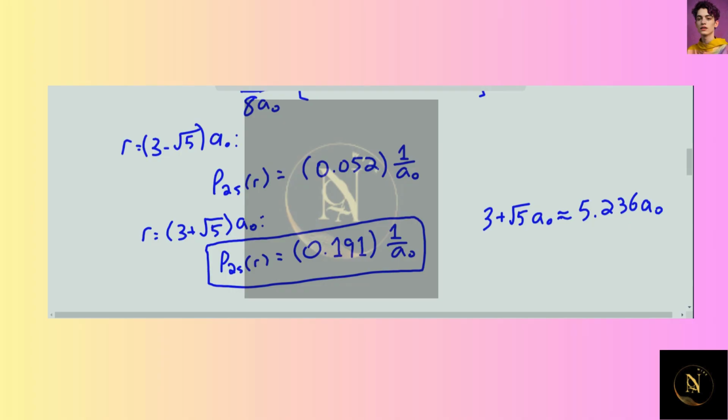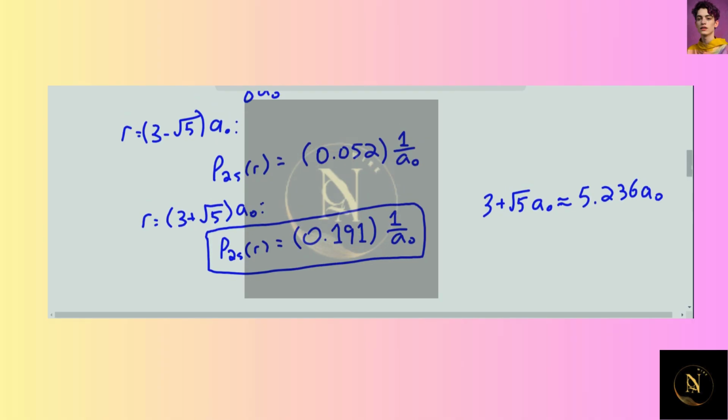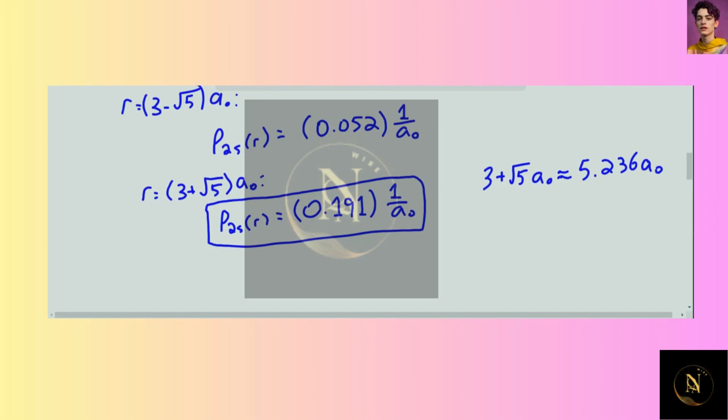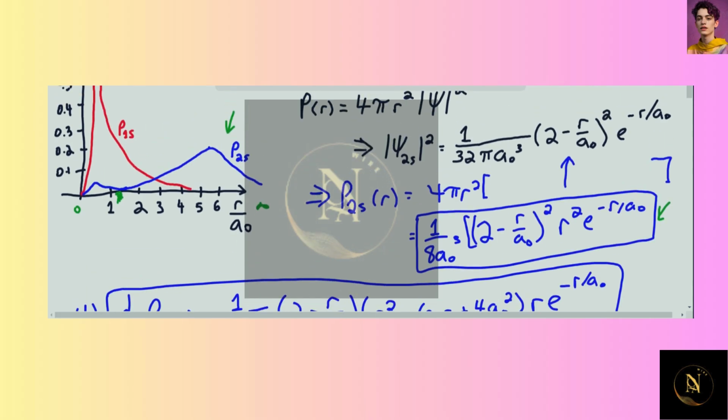So that's greater than 4 a naught, which is the radius the Bohr model has for the n equals 2 state, which correctly gives the energy level. It's just not the most probable radius. It's 5.236 times a naught for the n equals 2 state. And this probability term here doesn't have dimensions. It's just a number. This is a scaling factor because we're doing r over a naught instead of just radius.